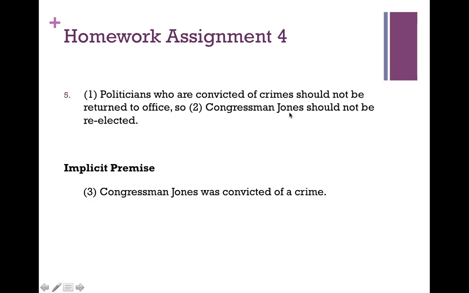You're moving from a statement about being convicted of a crime to not being reelected, and so you have to do something to bridge 1 to 2, and the obvious bridge, I think, is that Congressman Jones was convicted of a crime. This also, just like all the other ones, has the same exact diagram, nothing tricky there.